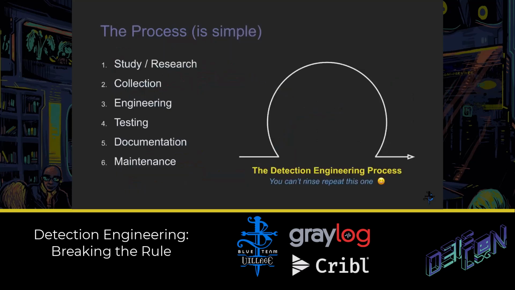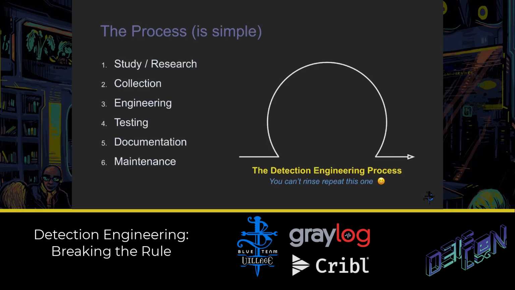All right, so let's see what the process actually is, right? The process is a lot of study and research, being able to collect artifacts, being able to study these artifacts, of course, writing detection, testing those detections, documenting them, maintaining your detections going forward so that they remain healthy and accurate.